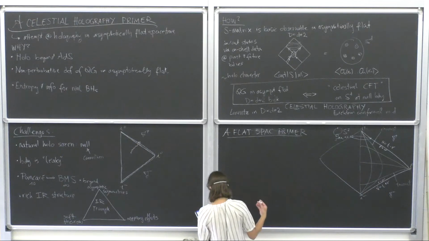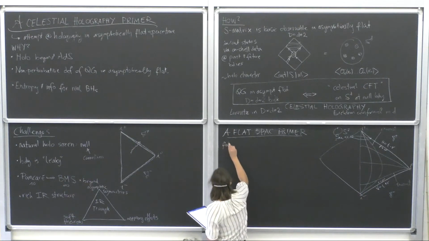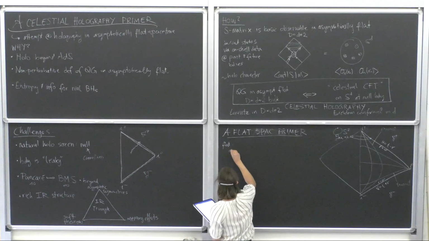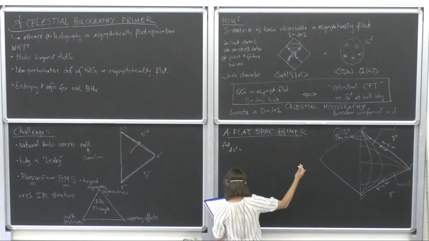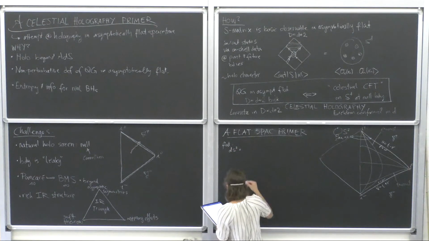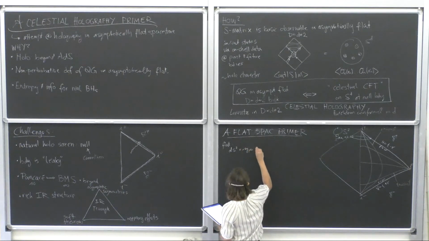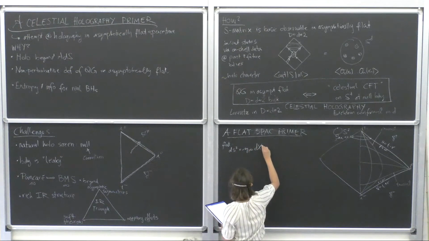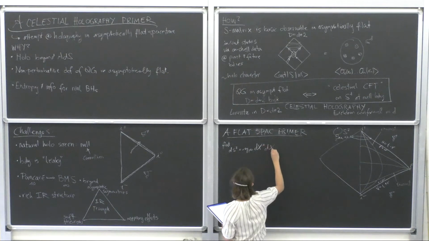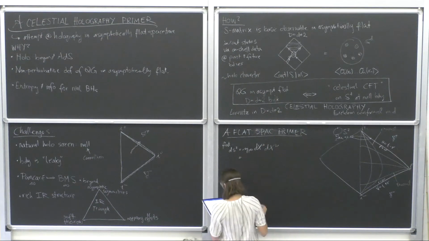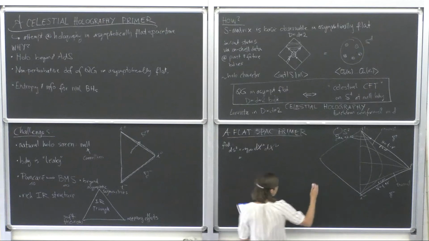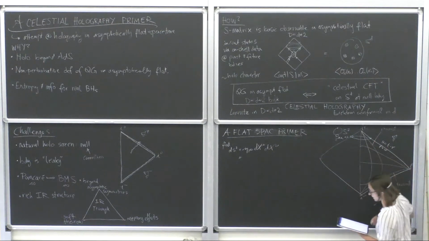coordinates on the sphere. So let me start by reminding you of the metric in flat space, but now in these retarded or advanced coordinates. So a capital X will denote a space-time vector in Cartesian coordinates. And now we want to go to coordinates that are well suited for discussing the physics near these null boundaries.